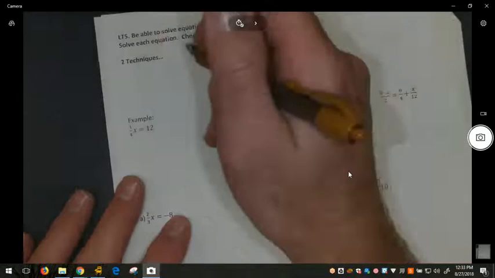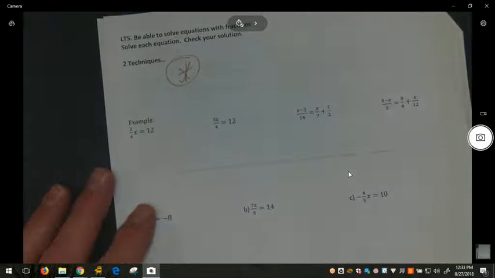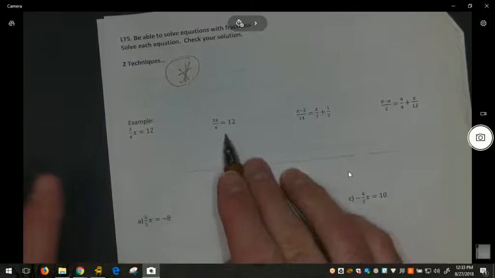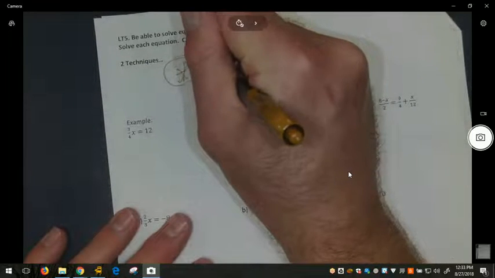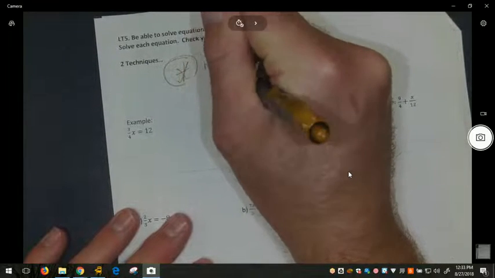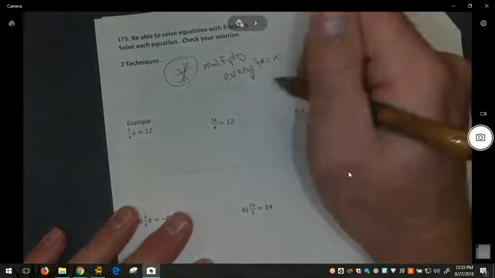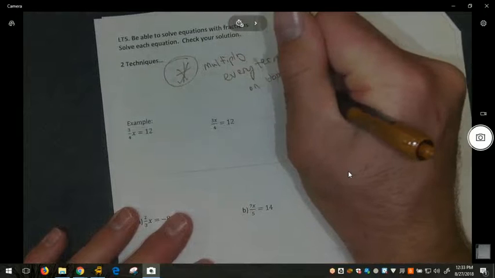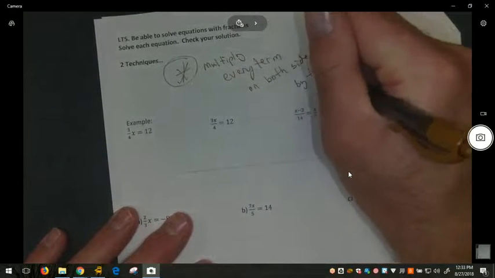So one of the preferred methods when there are a lot of fractions, as long as it's an equation, if it's not an equation you can't do this, is to multiply every term on both sides by the least common denominator.